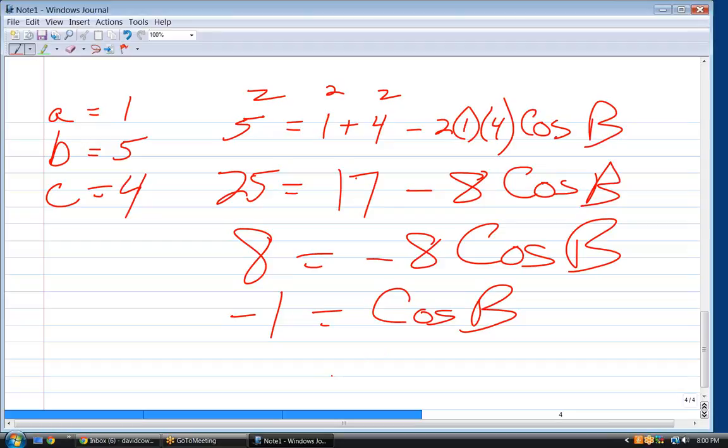Where's cosine equal to 1? 90 degrees. No? Do this in your calculator. If you take the inverse cosine of minus 1, you'll get 0.